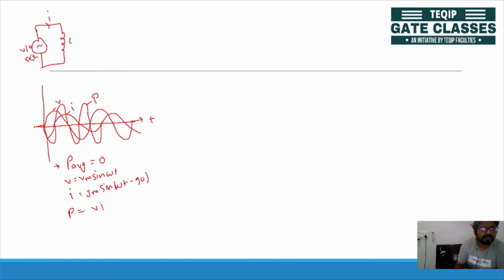One thing you can see here: we represented this sinusoidal input as V angle 0. We can also represent it in sinusoidal form, which we have discussed earlier.